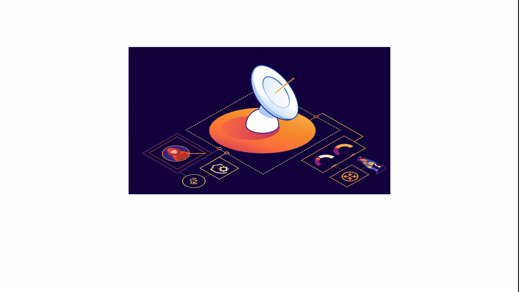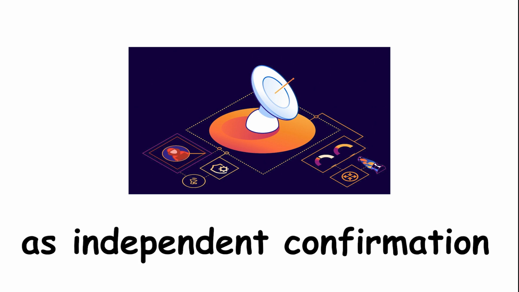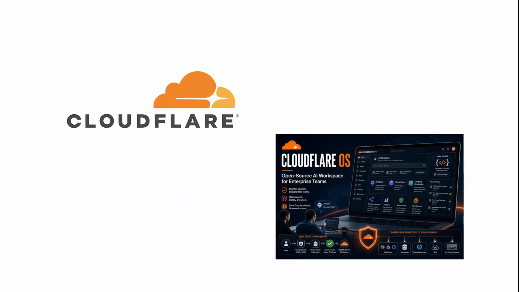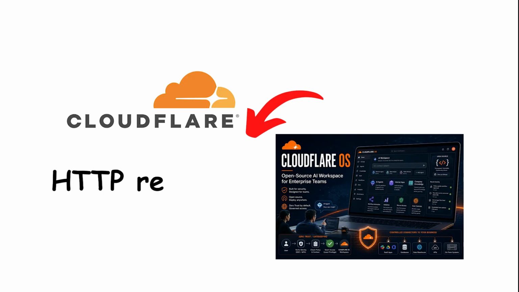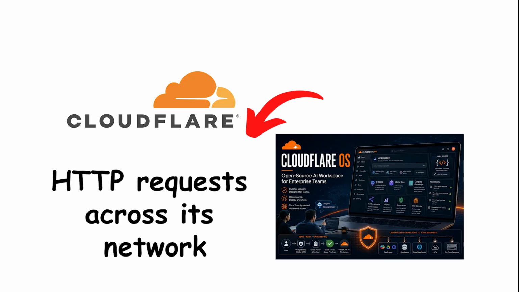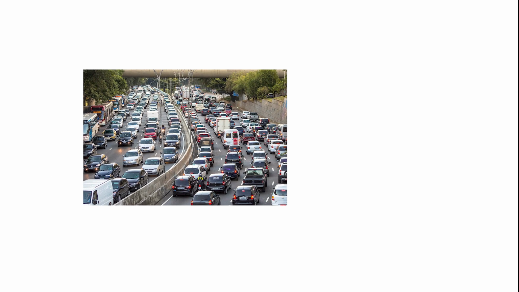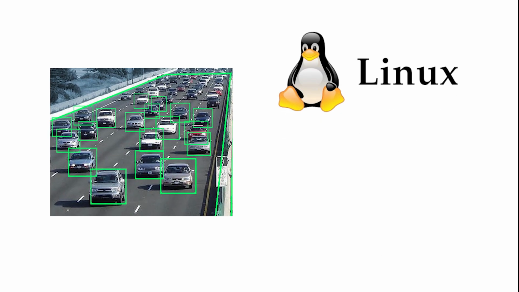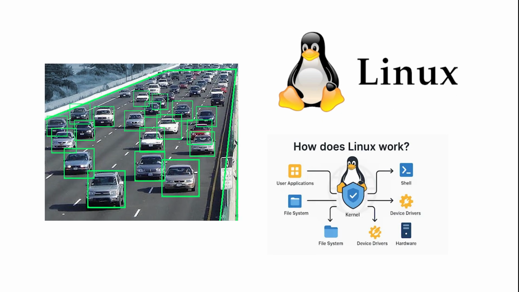Cloudflare Radar gets cited as independent confirmation, and it deserves a caveat too. Cloudflare derives its operating system split from HTTP requests across its network. Unless the traffic gets filtered to human requests specifically, automated traffic counts. That matters more for Linux than for any other operating system.